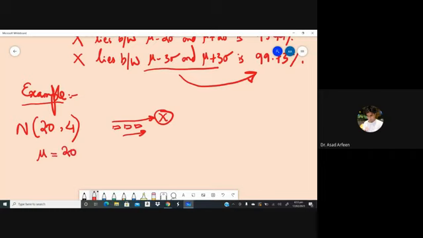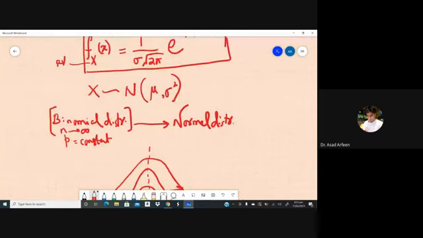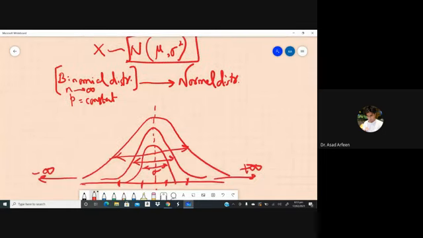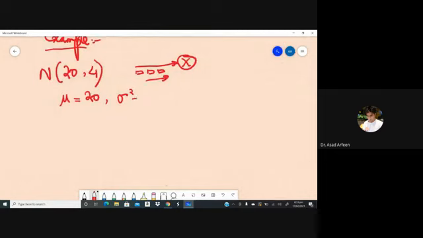You need to note that if you're giving this notation, it means mu comma sigma squared, so this value is not sigma, this value is sigma squared. So sigma squared is equal to 4, which implies sigma is equal to 2.